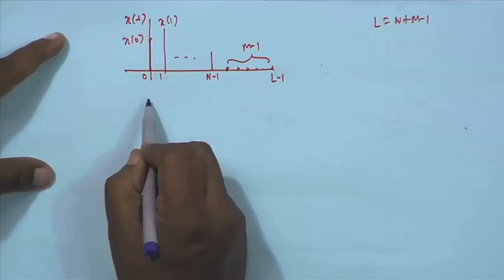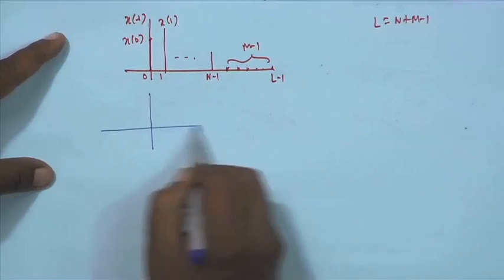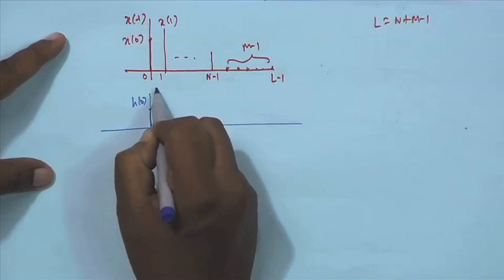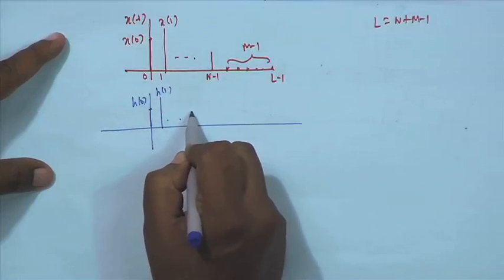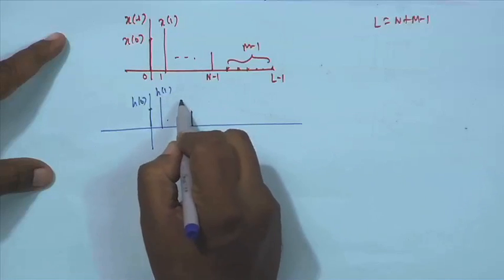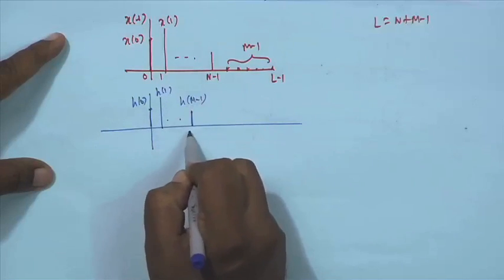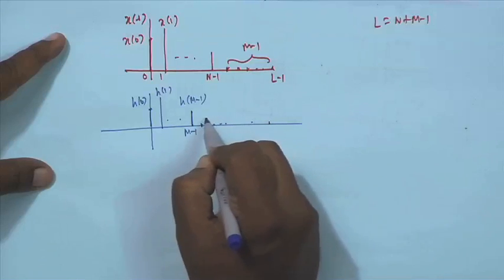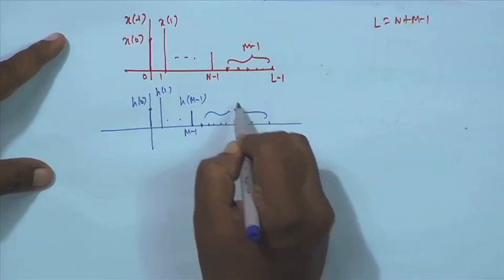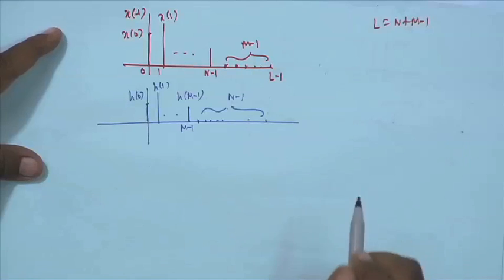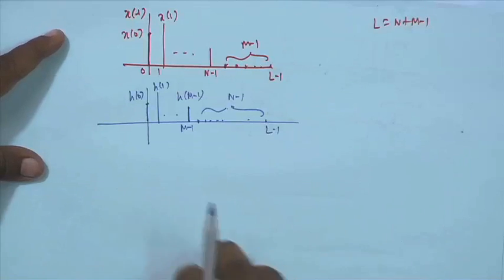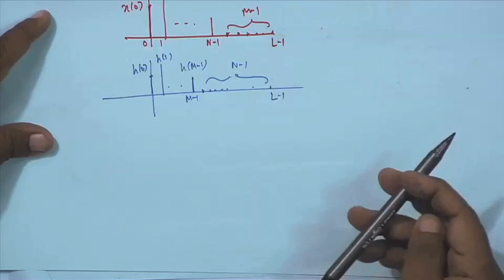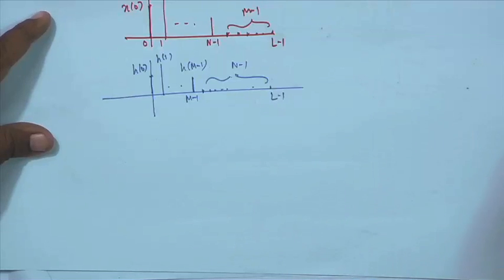Next sequence, the other sequence has H 0, say H 1, dot dot dot, maybe here, and then 0, 0, 0, 0, 0, n minus 1. So, this is actually length L minus 1 both, and now you make it periodic. So, you will add periodic repetition of this.